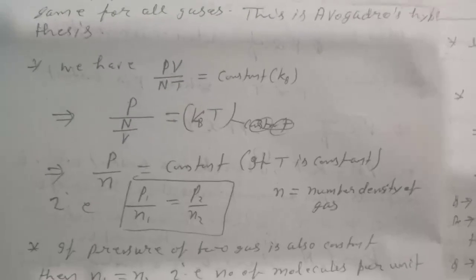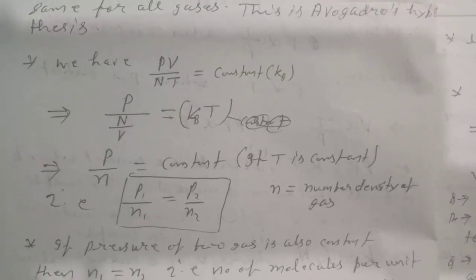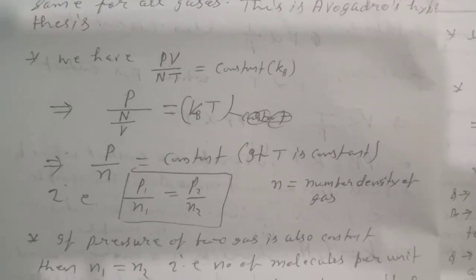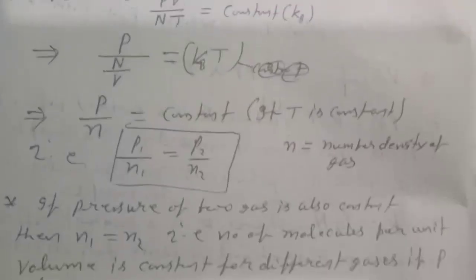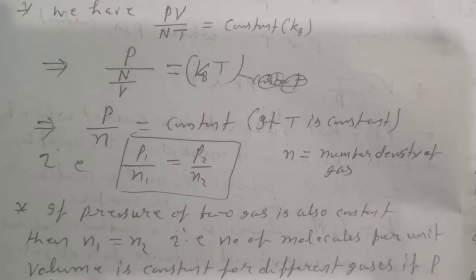Now again we have PV/NT equals a constant, k_B, where k_B is the Boltzmann constant. So this implies P equals (N/V) k_B T. So P/N is constant if T is constant.